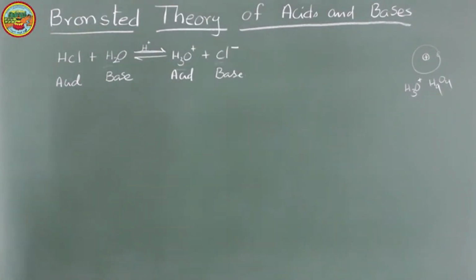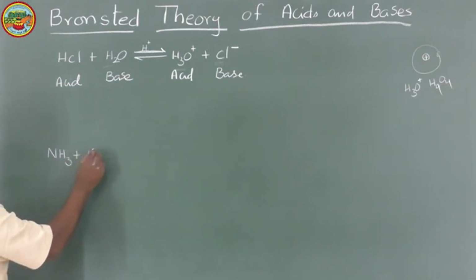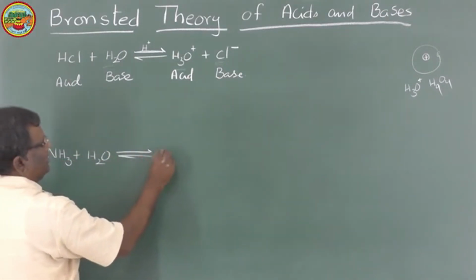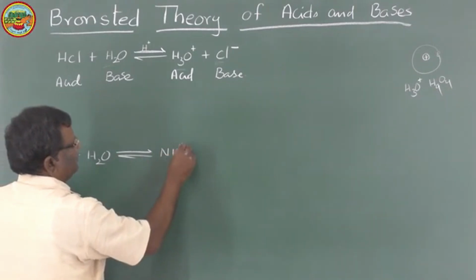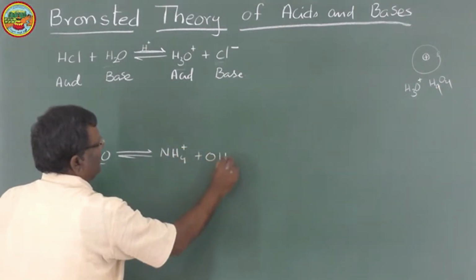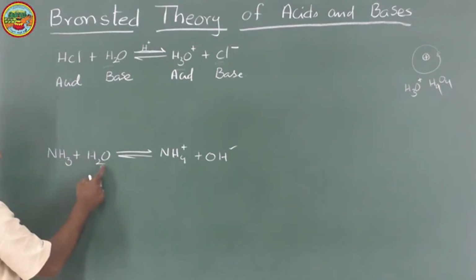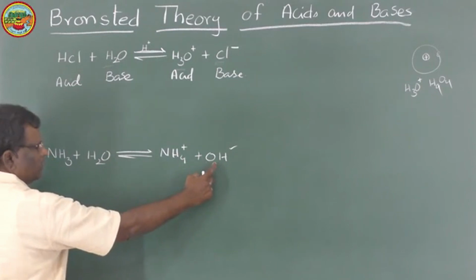Now let us take another example. NH3 when reacting with H2O gives us NH4 plus OH minus. Carefully observe this reaction. In this reaction, H2O is converting into OH minus.